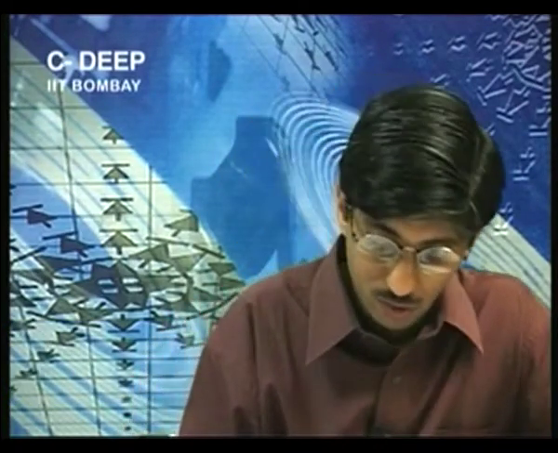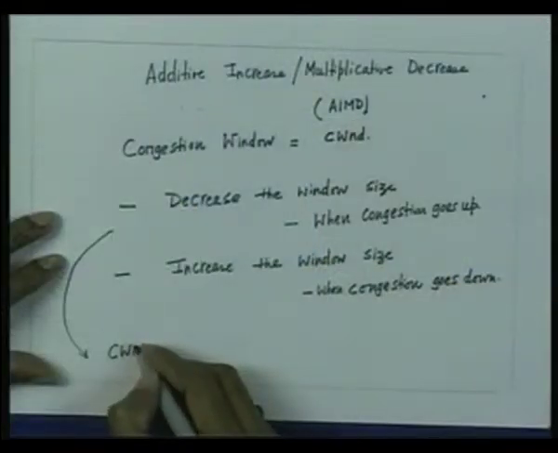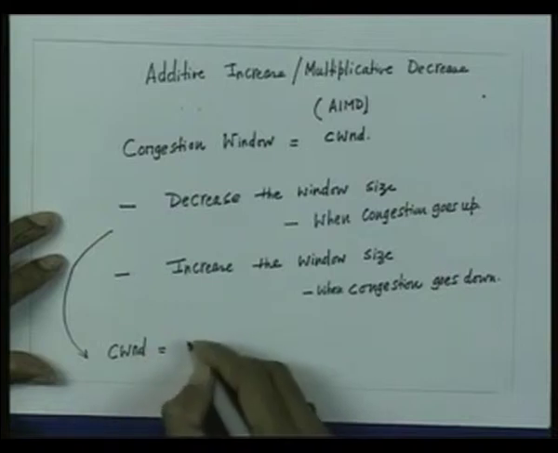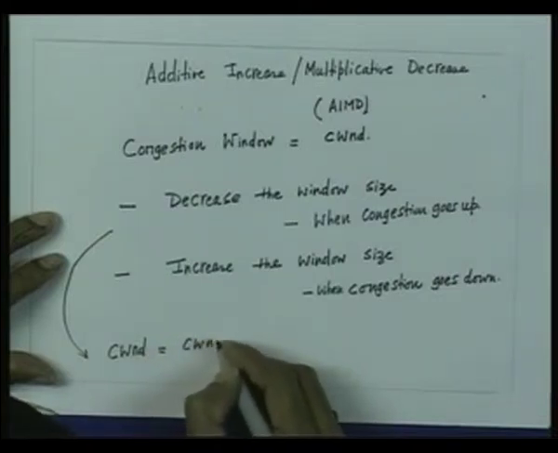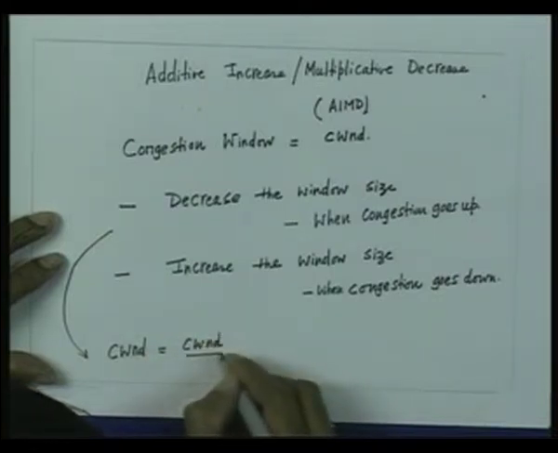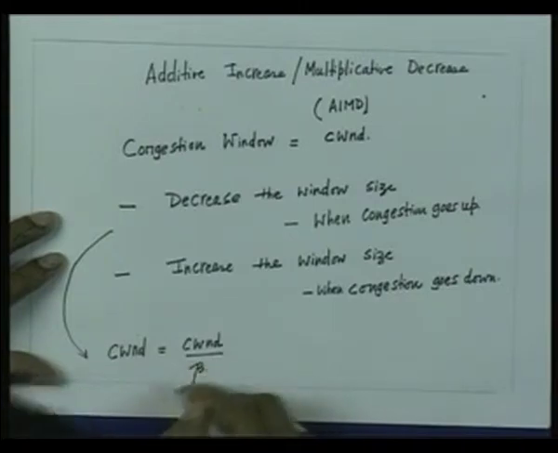Now the question however is that since it is additive increase and multiplicative decrease, what we are saying is that whenever the congestion goes up, you decrease the window size in a multiplicative manner. What is multiplicative manner? If your current congestion window size is CWND, you decrease the congestion window size to CWND times some factor, let us say beta.